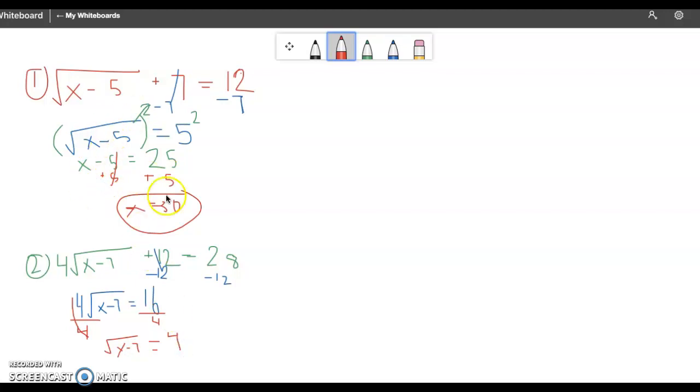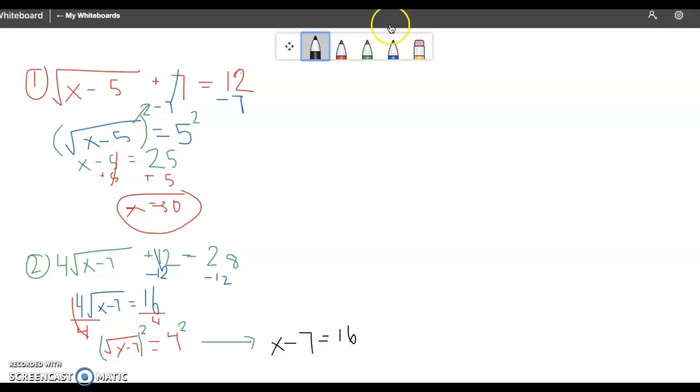And then the last, or part of the last step, is we're going to square both sides like we did in number 1. So we're going to square all of x minus 7 to cancel out the square root, and we're going to square 4 as well. And I'm just going to write the work next to this. We're going to be left with x minus 7 equals 16.